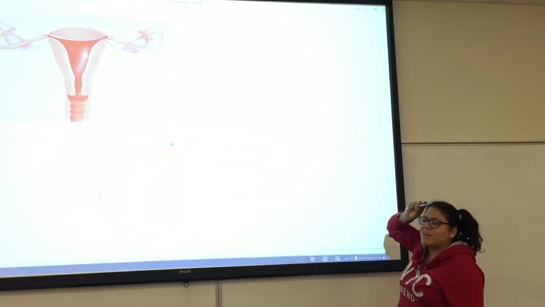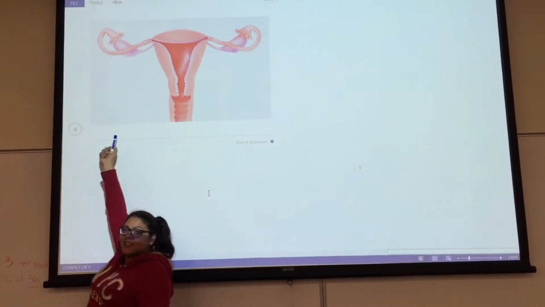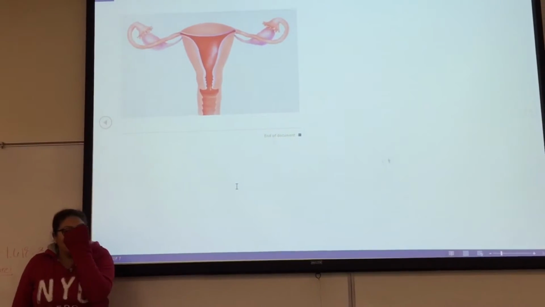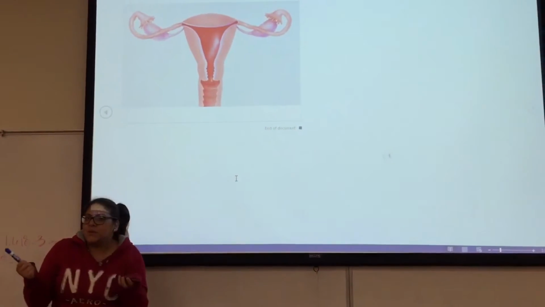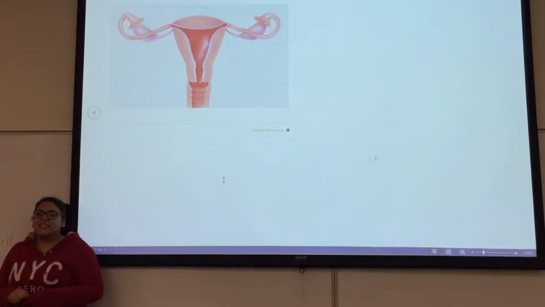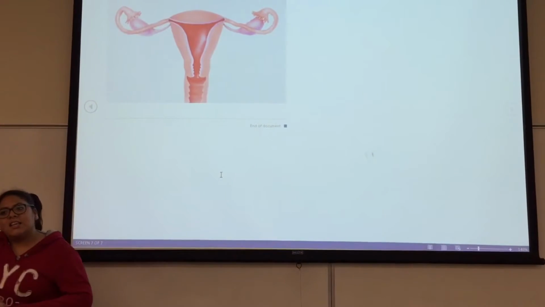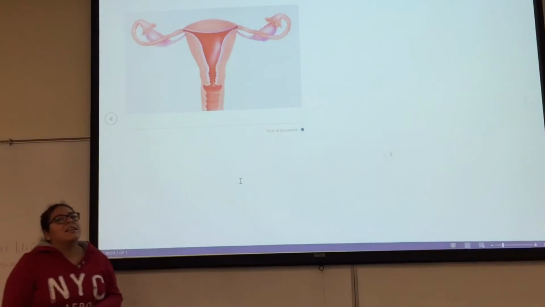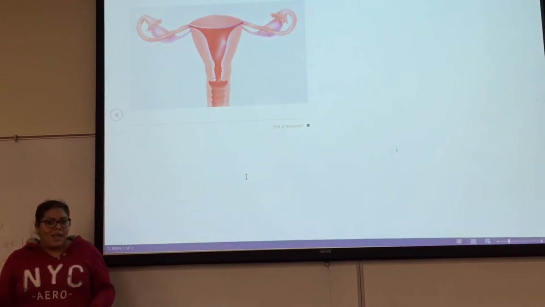Now, moving on to something really weird. This is the golden uterus, and the reason we call it the golden uterus is because this OBGYN, he's very curious. His name was Jasper Burgess, and he used ultrasounds to take measurements of women's uteruses, and he came up with it being the actual golden ratio, 1.618.